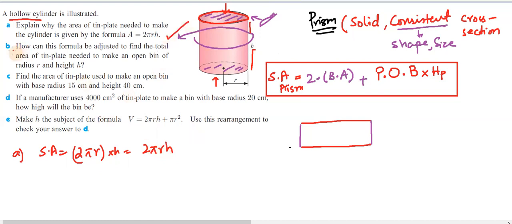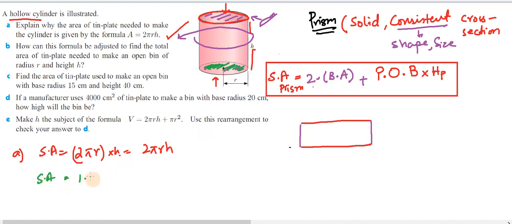Now that being done, in part B, how can this formula be adjusted to find the total area of tin plate needed to make an open bin of radius r? Open bin means it doesn't have one of these cross sections, but it does have this base area. It means instead of two base areas, it has just one base area.